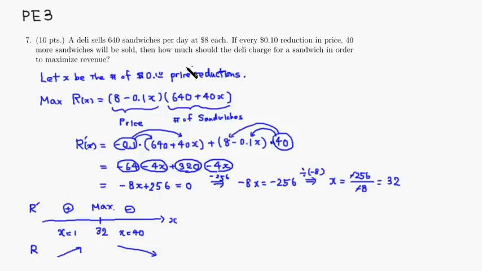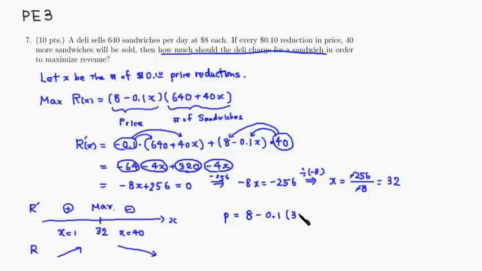Since they're asking how much the deli should charge for a sandwich, we're looking for the price. The price P is 8 minus 0.1 times the number of price reductions.